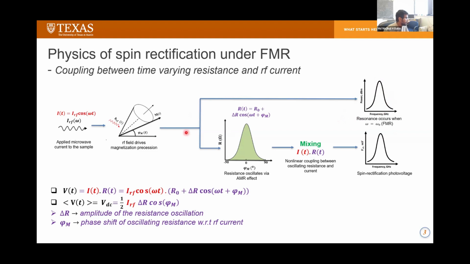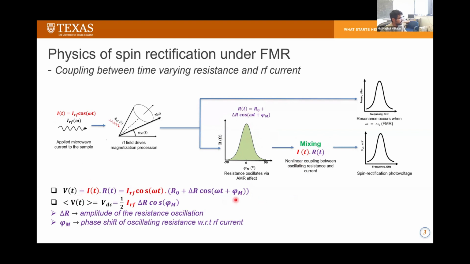leading to maximum absorption of the microwave power. And the second one: at FMR, as the magnetization precesses continuously, its angle changes with respect to the current direction. This variation generates an oscillating resistance because of the anisotropic magnetoresistance effect. Both the RF current and the resistance oscillate with time, so their mixing produces a nonlinear term.